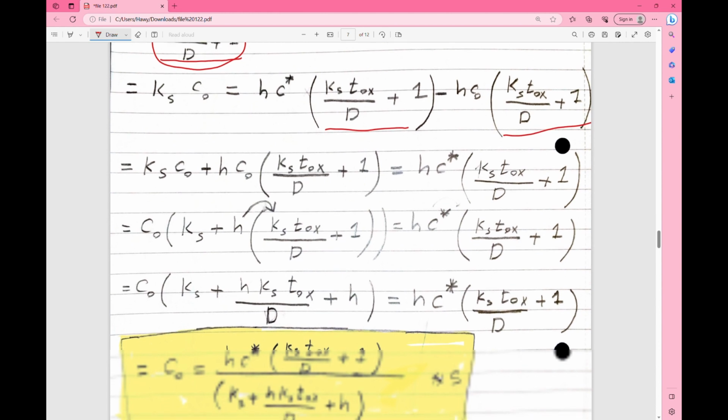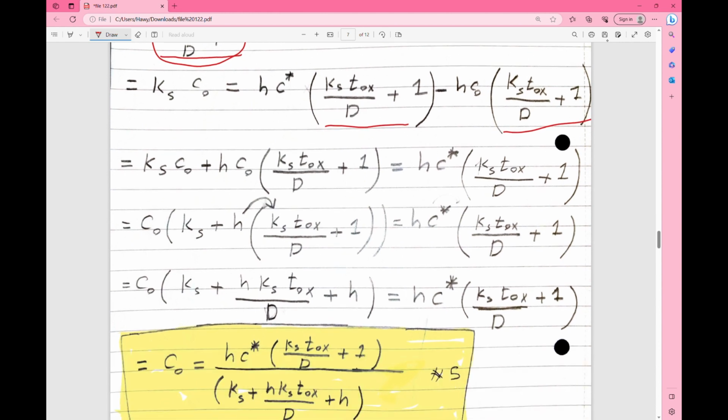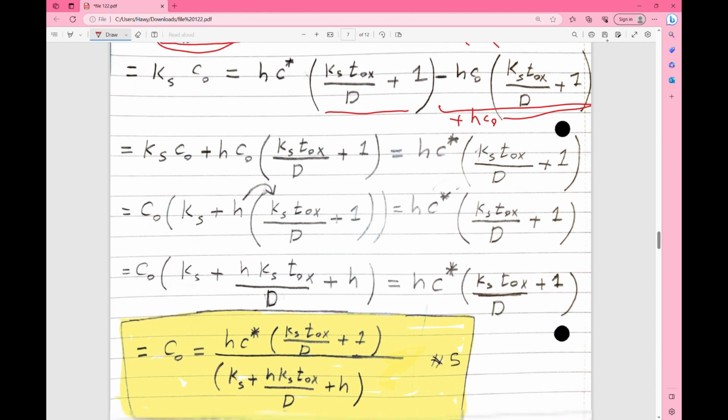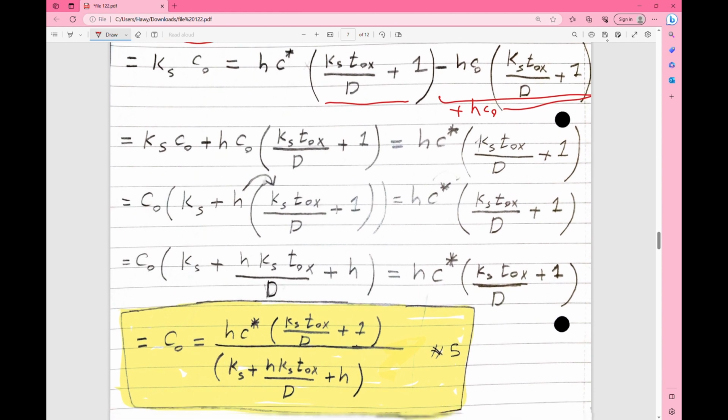Now take this part by the plus, it will be over there, and this part will be gone. Plus HC star. Okay, we have the solution.